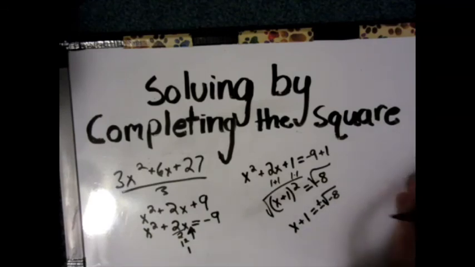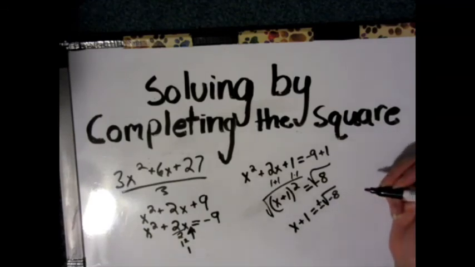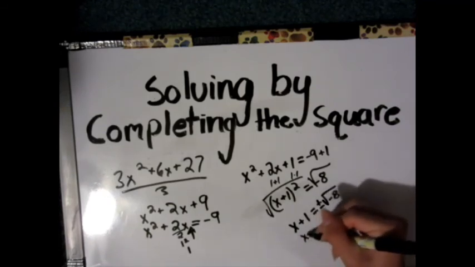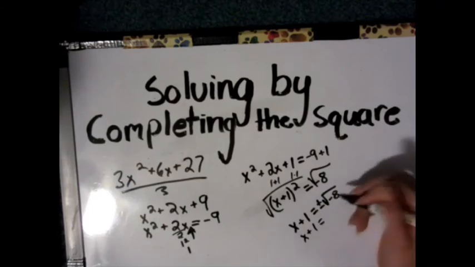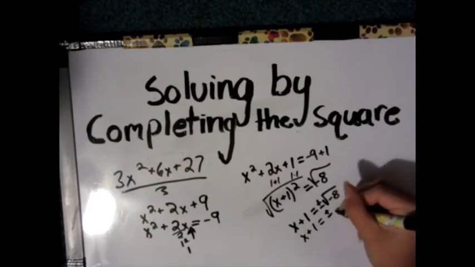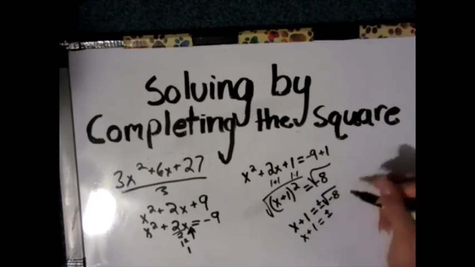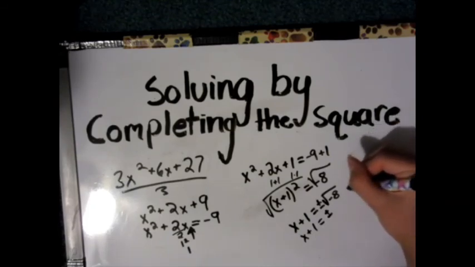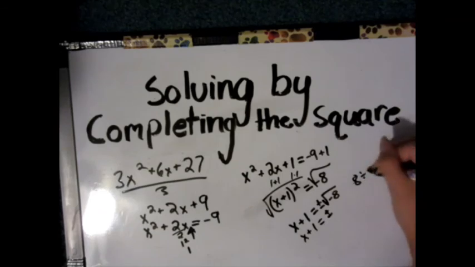So, like this, when doing the square root method, you're going to want to be able to simplify over here. So, plus or minus the square root of negative 8. 8 divided by 4 equals 2.